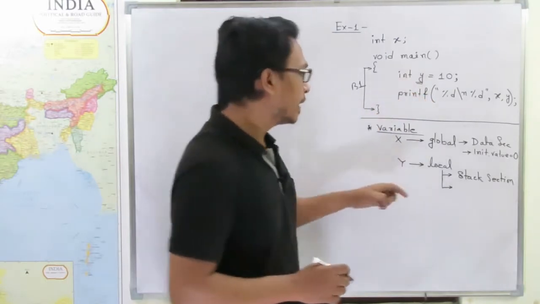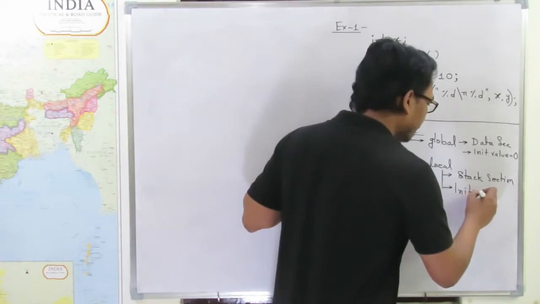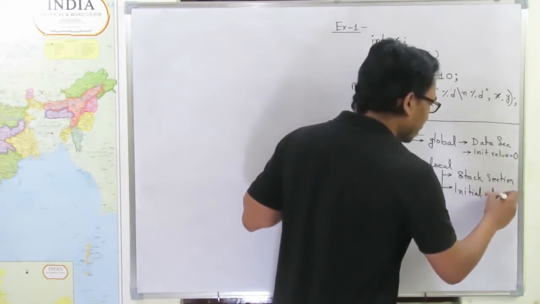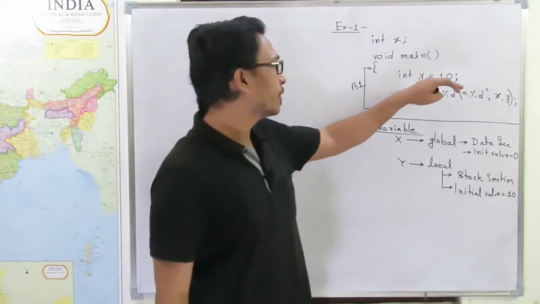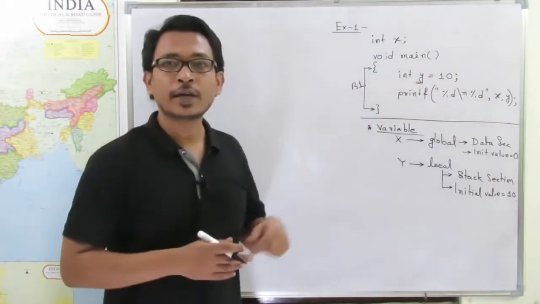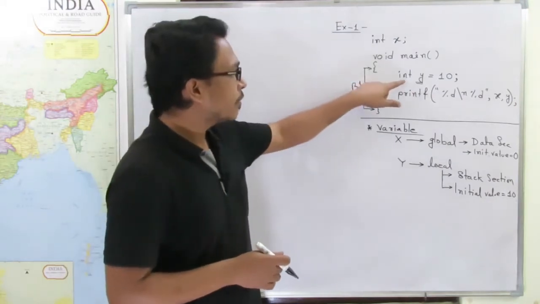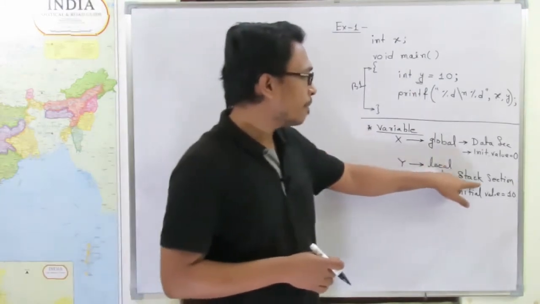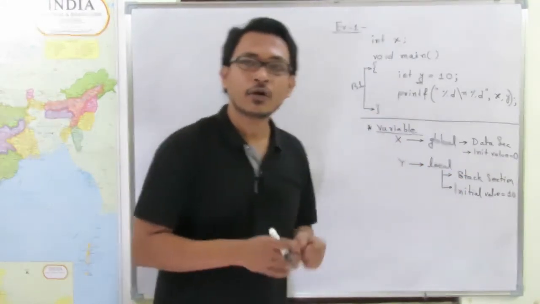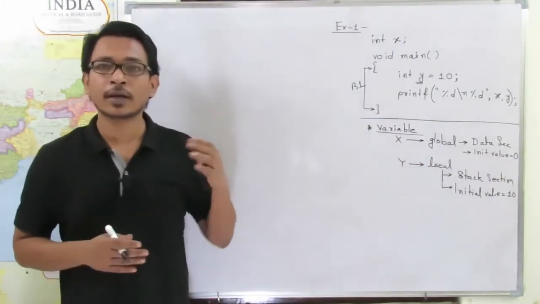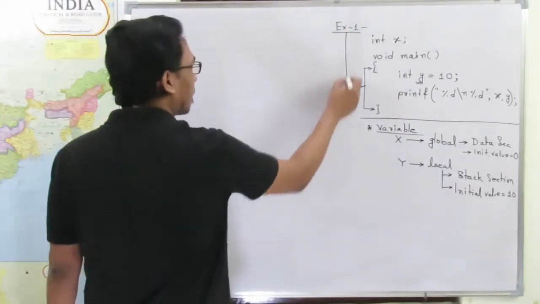That means the initial value in this case will be 10. But what if there was no value initialized at that time? As this local variable is allocated from the stack section, its initial value will be a garbage value.